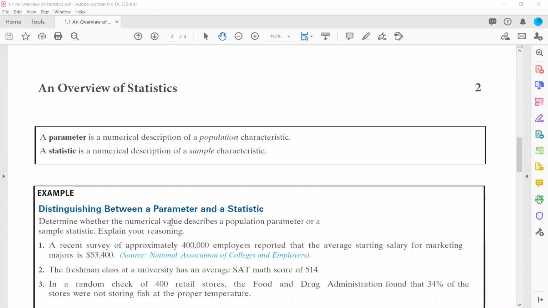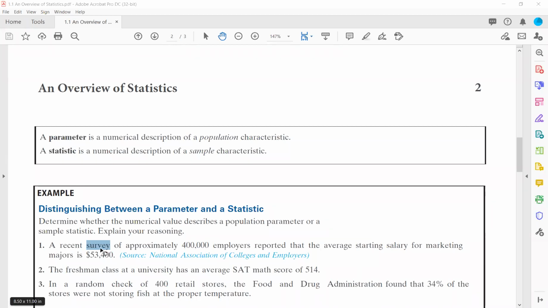Determine whether the numerical value describes a population parameter or a sample statistic. Explain your reasoning. Let's answer question 1. A recent survey of approximately 400,000 employers reported that the average starting salary for marketing majors is $53,400. Question says a recent survey.